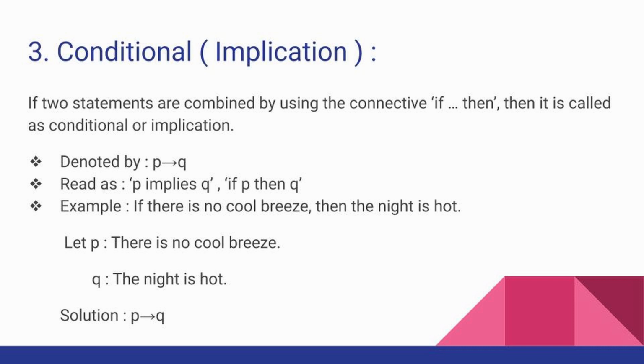For example, if there is no cool breeze, then the night is hot. Here, let P be the statement there is no cool breeze and Q be the statement the night is hot. Hence, the solution is P → Q. That means if there is no cool breeze, then the night is hot.